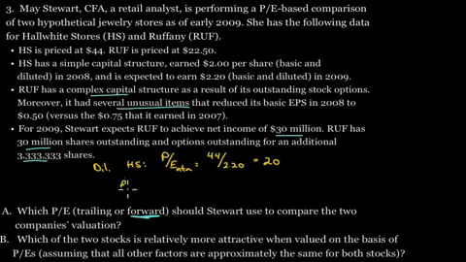All right, and let's look at Stewart now, RUF. RUF's price is $22.50, and we're going to, of course, use the price over earnings next 12 months. But now we've got to figure out what our denominator is going to be in this case, because we need diluted earnings per share. We have net income of $30 million.